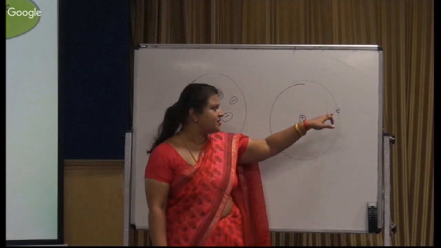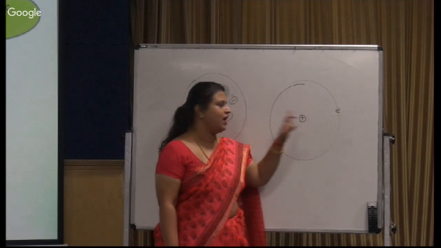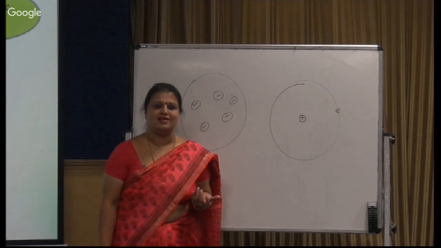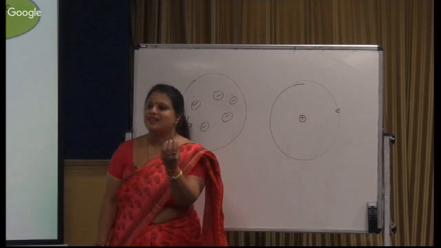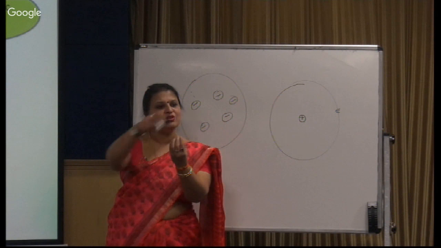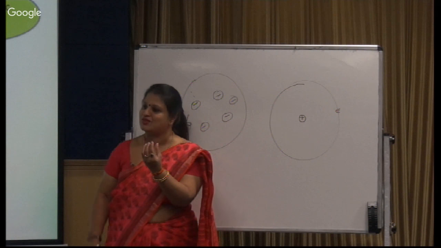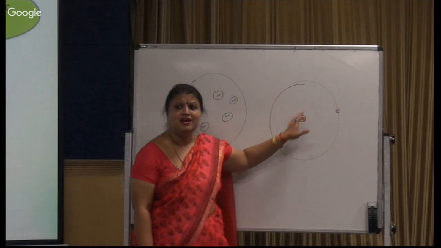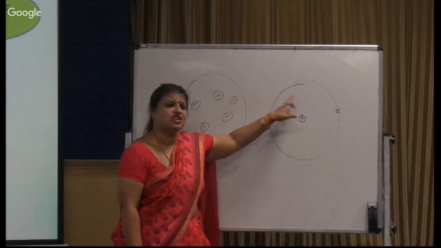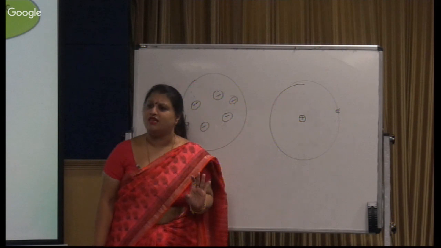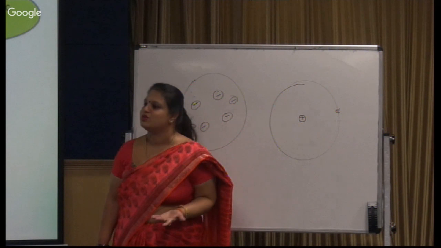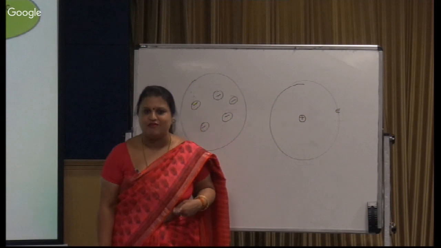This model is also known as a planetary model, because just like the solar system where we have the sun at the center and the planets revolving around the sun in fixed orbits, here also we had the nuclei at the center and the negatively charged electrons revolving around the nuclei.